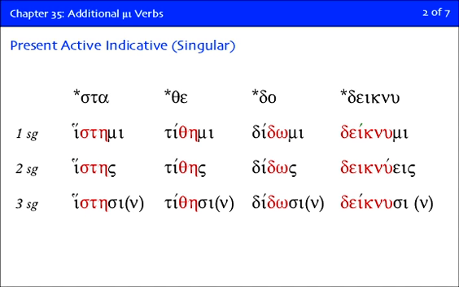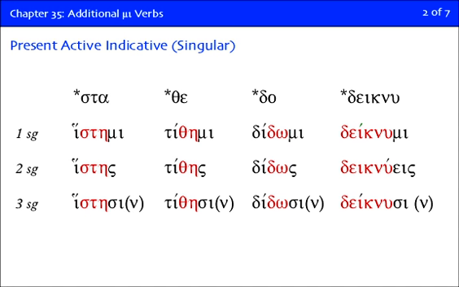Okay, go all the way over to the left-hand column. This, again, it's the same thing with a twist. Maybe that's what I should call this chapter. Same thing with a twist. You have the root sta. Now, the twist is that when the sigma gets reduplicated, sista, Greeks don't like the reduplicated sigma, and so they swap it with a rough breathing. And so sta goes to hista. So in a sense, think of that rough breathing as reduplicated sigma.